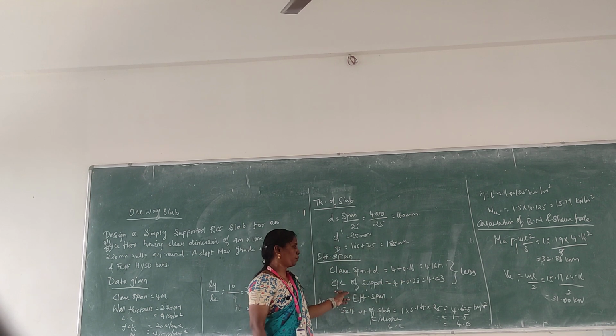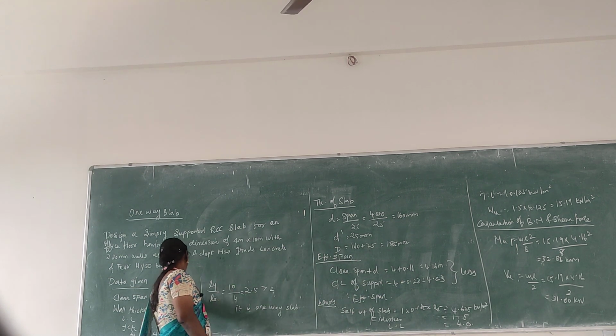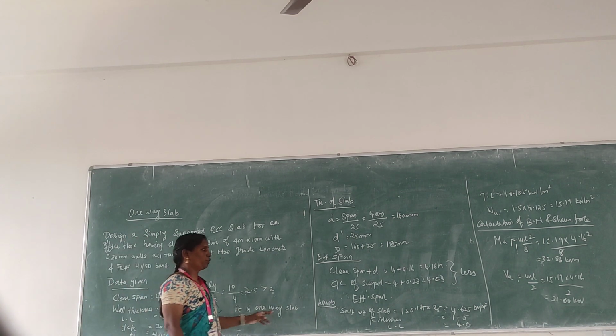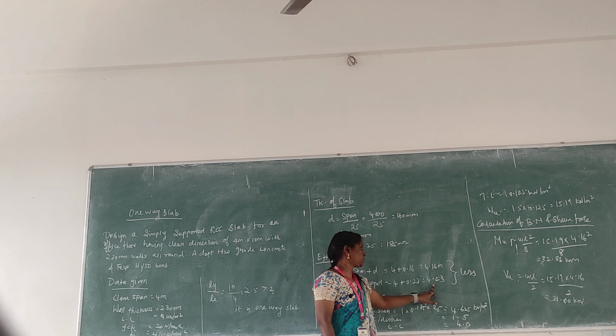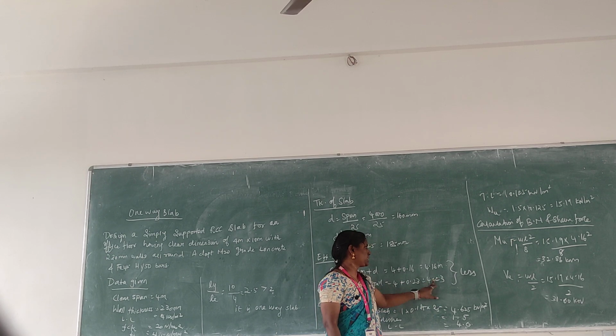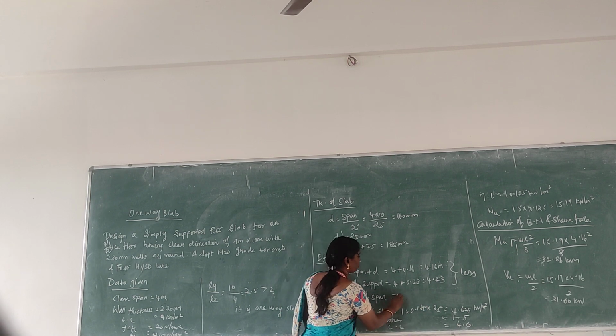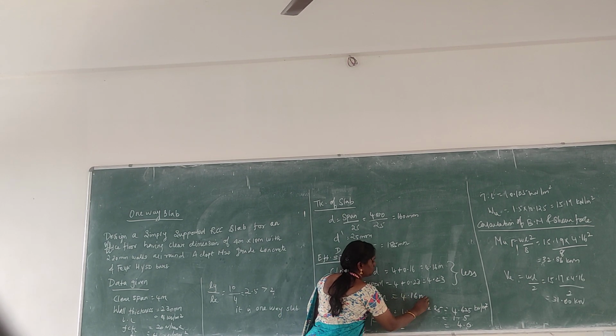Center to center of the support, the wall thickness is 230 mm, so adding 0.23, it comes 4.23. Whichever is less, 4.16 is less. Therefore, effective span equal to 4.16 meter.